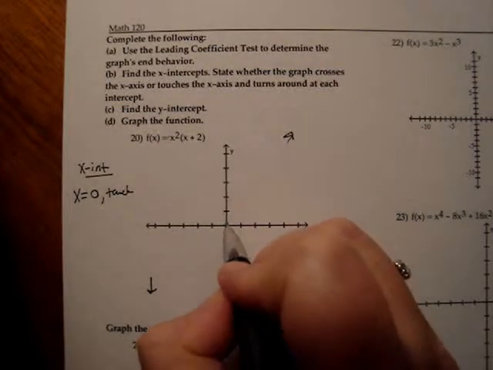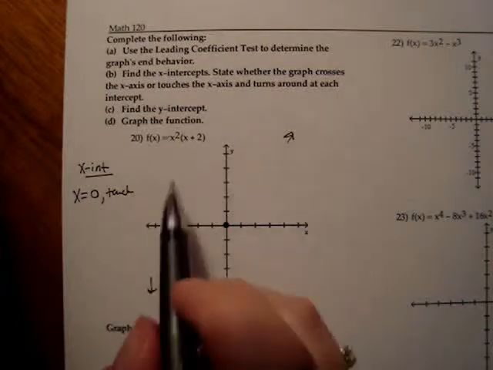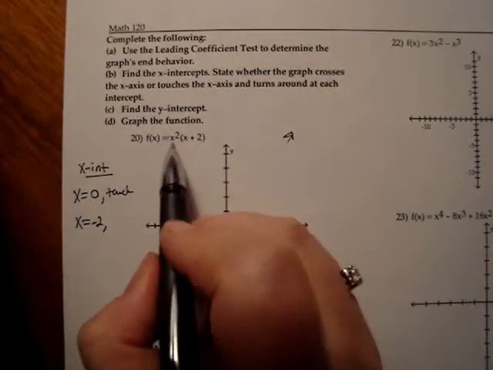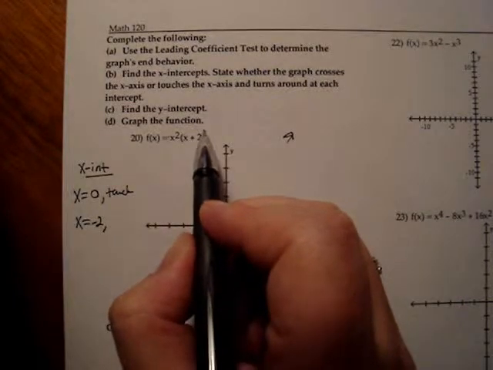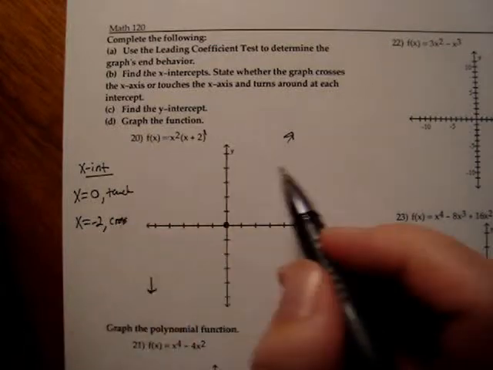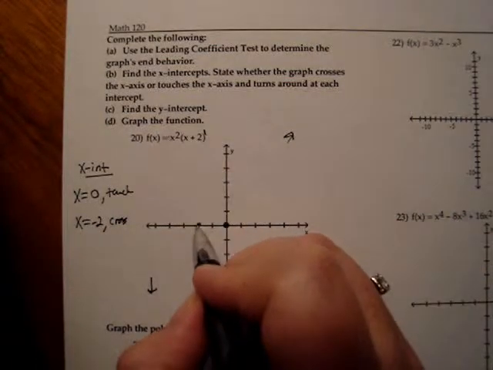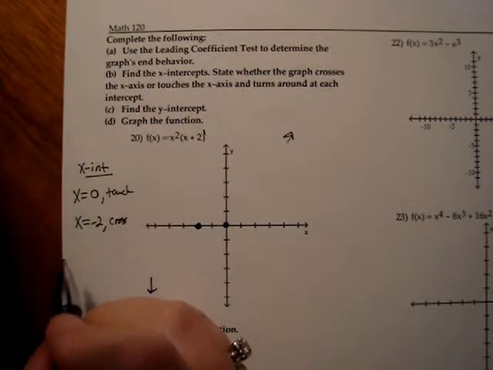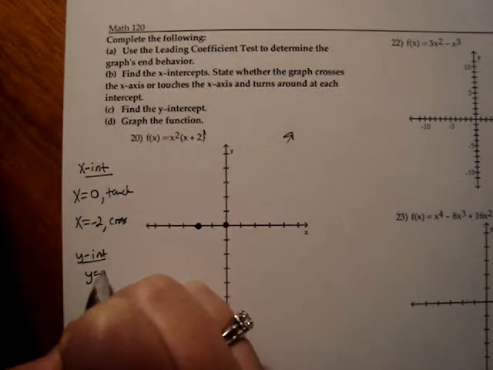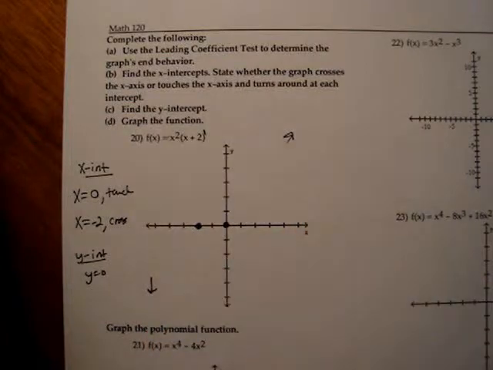Okay, so let's plot that. The second x-intercept we get is x equals -2. Since it came from a factor with an exponent of 1 on it, that's odd, it's going to cross. So let's see, -2 would be here. Now find the y-intercept. The y-intercept is at y equals 0. Hey, that's the same as the x-intercept.